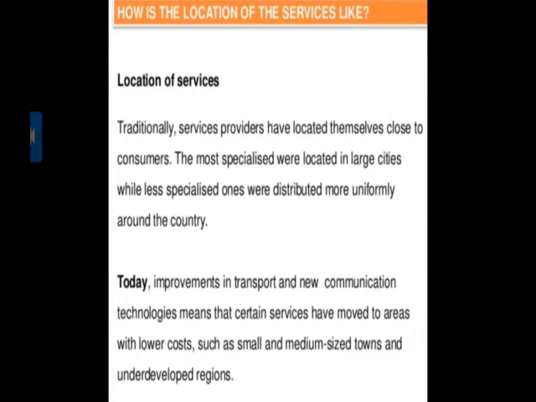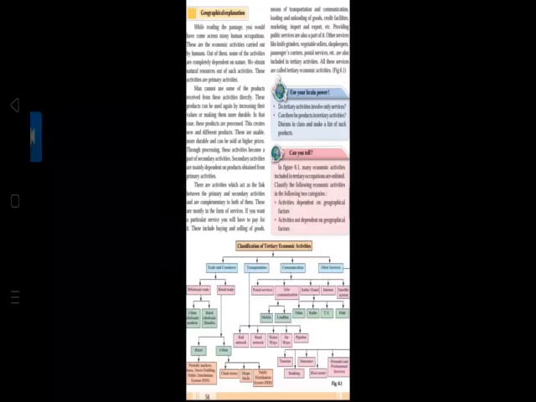Today, improvements in transport and new communication technologies, with the advent of technology and the way we are progressing, mean that certain services have moved to areas with lower costs. The costs have reduced, such as small and medium-sized towns and underdeveloped regions.